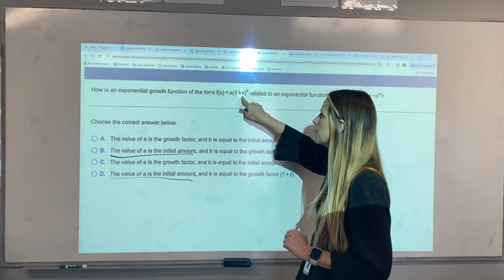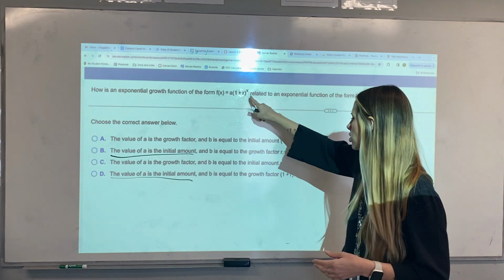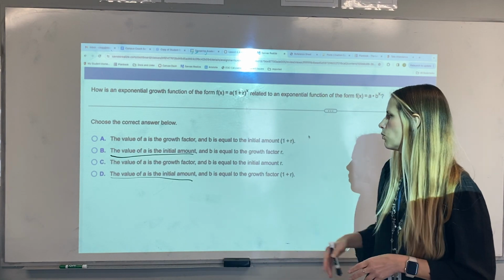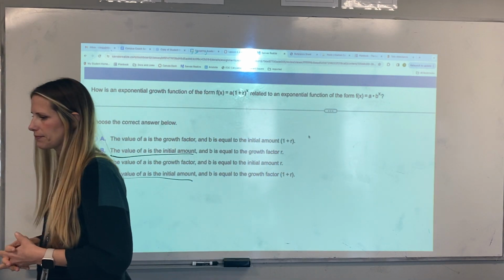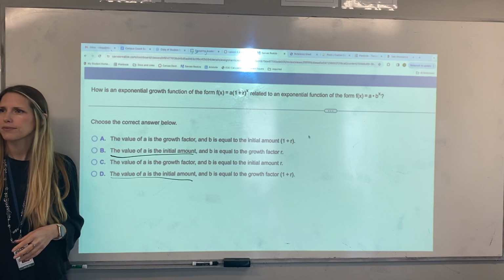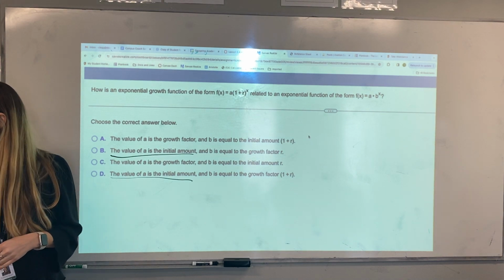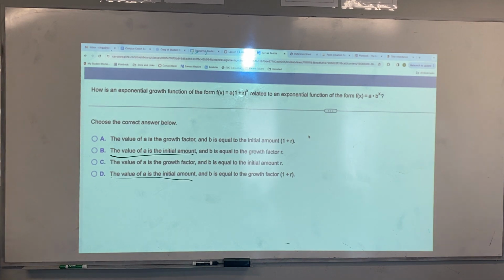But this little guy in parentheses, the 1 plus r, is the same as b. We just call it a growth factor, 1 plus r. So your answer for that is D. Okay? You're welcome. On to the next one.